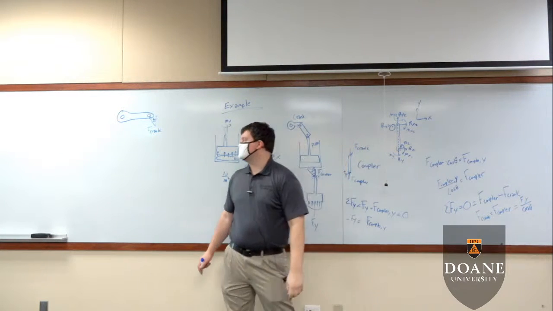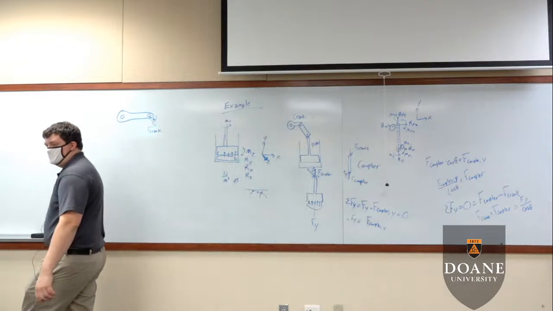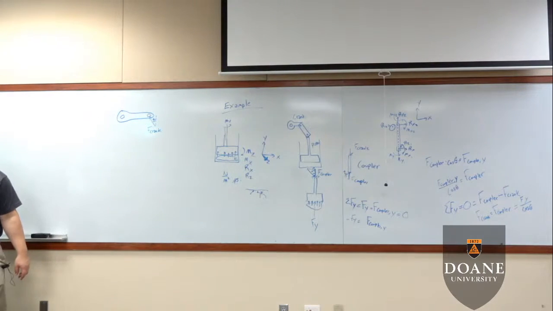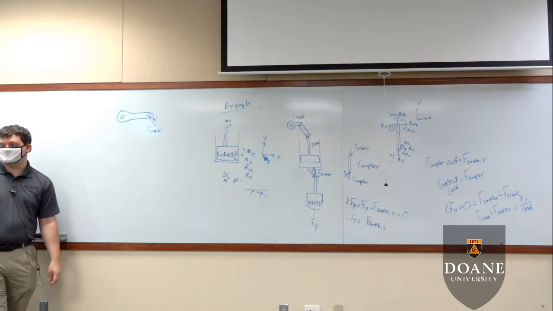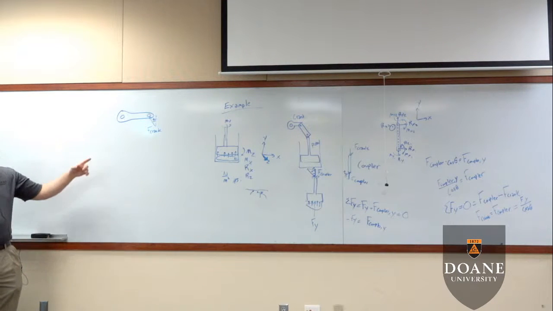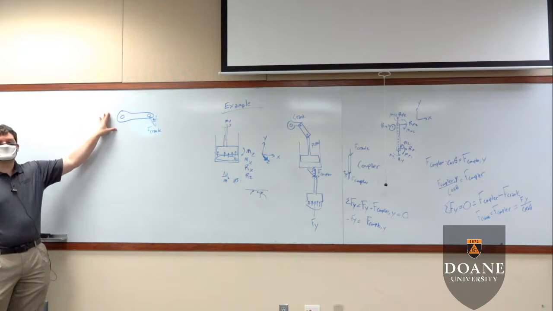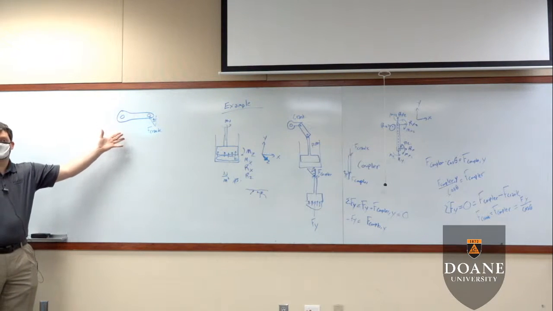Because there's no MZ value. This is an output linkage. If your crank is simply allowed to spin on that axle, it's going to start rotating really fast, because it's exerting an MZ value on this.